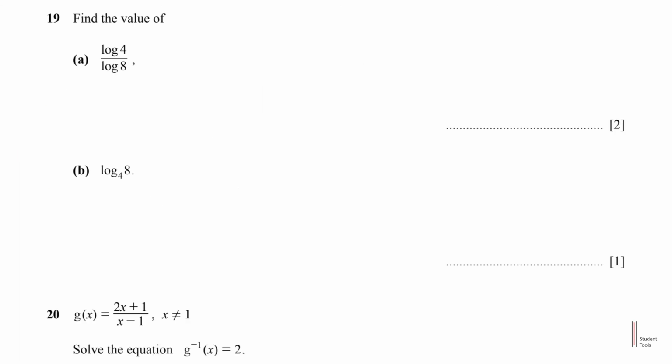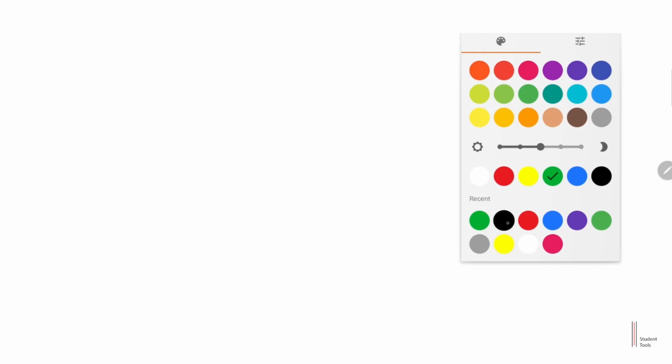All right, question 20, we have g of x, which looks like this. g of x equal to 2x plus 1 over x minus 1.